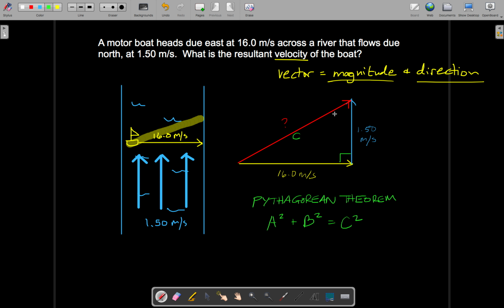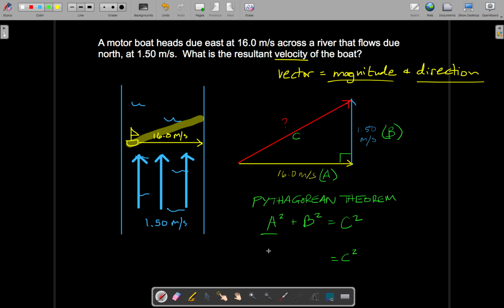So c is the hypotenuse. A and b could be any one of these two sides here. So I could make this one my a, and then I'll make this one my b. And then all we have to do is solve for c. So our equation is set up the way we want it. So we're just going to go ahead and plug in our values.